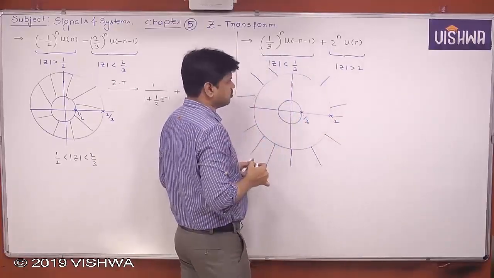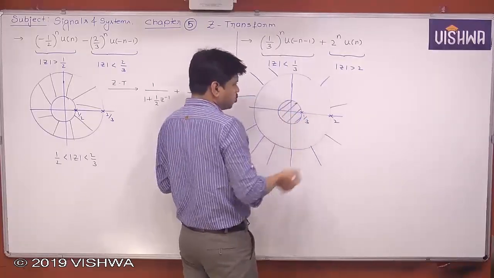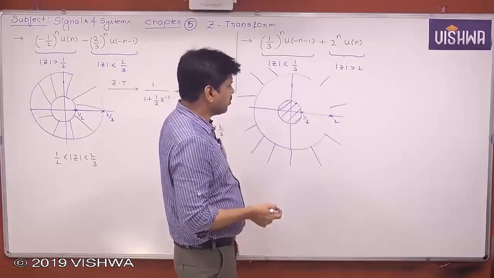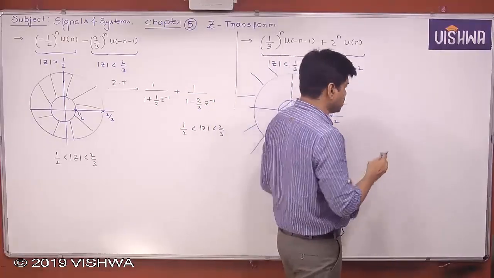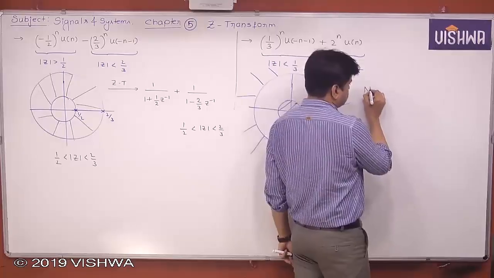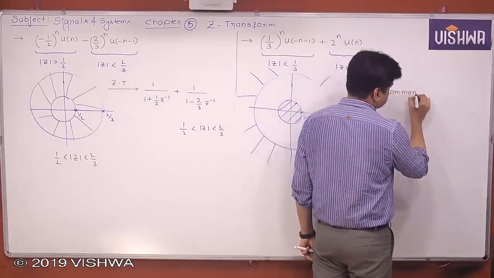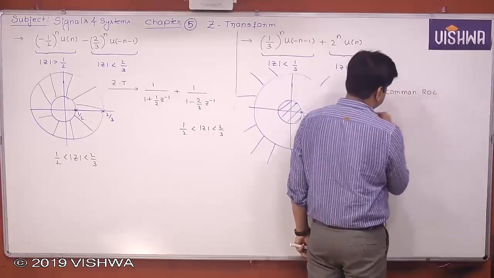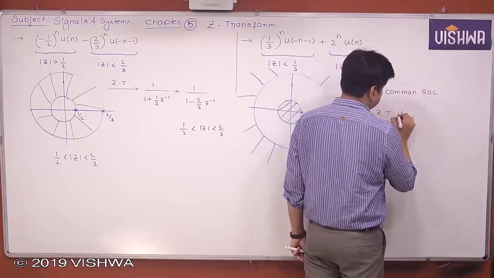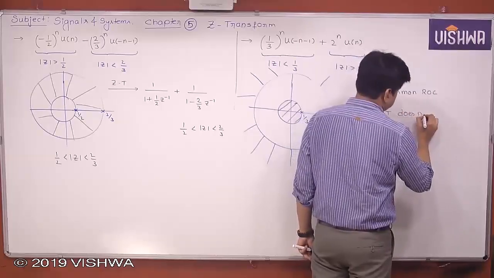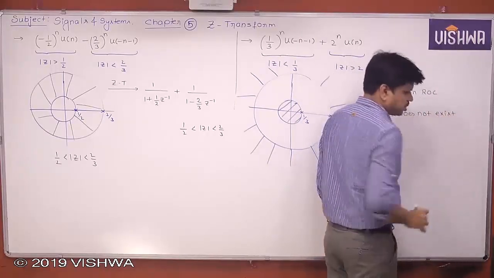This is the ROC, and less than 1 by 3, this is the ROC. Do we have any common ROCs? No, we don't have any common ROC. So no common ROC, Z transform does not exist.